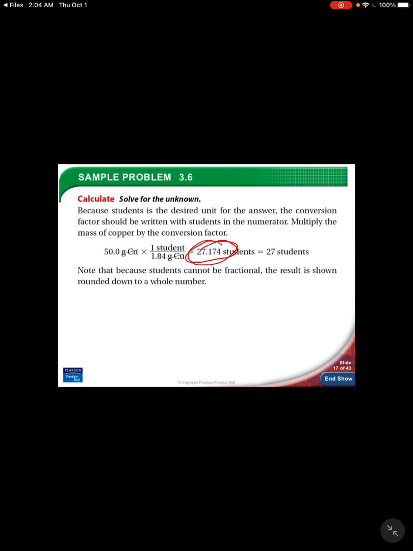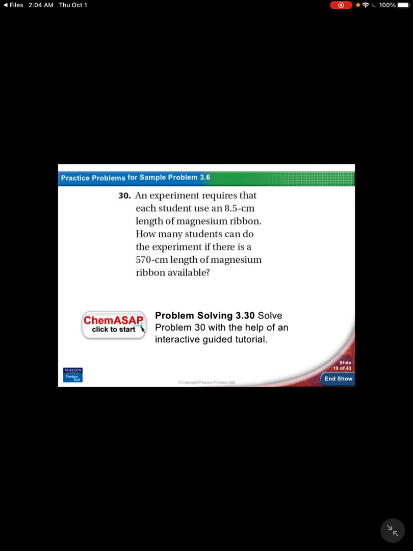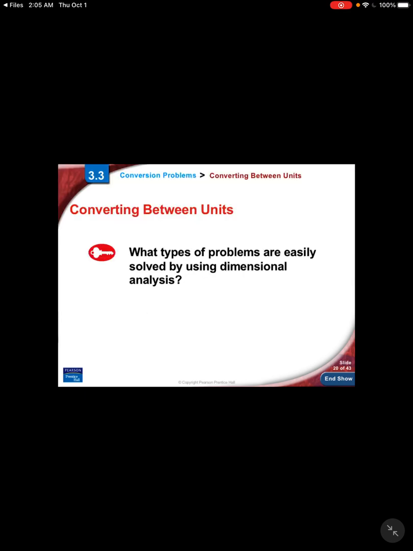And, of course, you can't have a fraction of a student, so that leaves you with 27 students with a little bit of copper left over. So that's how you do these experiments, these procedures when you're reporting and discussing experimental data.